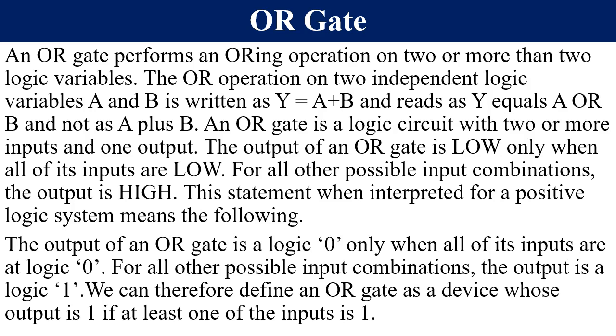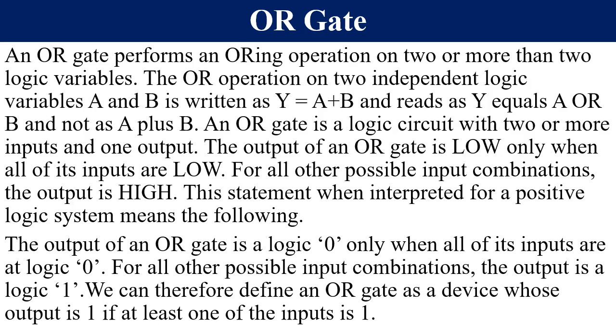The output of an OR gate is low only when all of its inputs are low. In other words, the bulb does not light when all the switches are off. For all other possible combinations, the bulb will light or the output will be high. So the output of an OR gate is logic 0 only when all of its inputs are at logic 0.